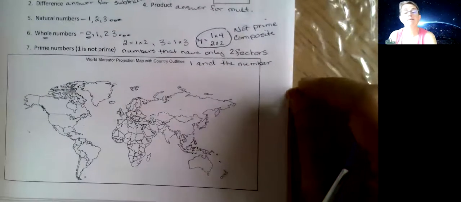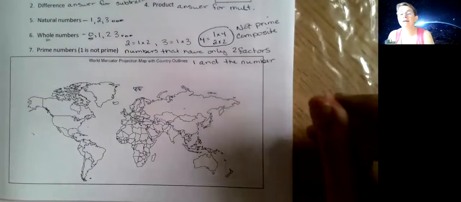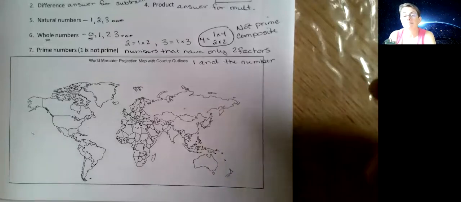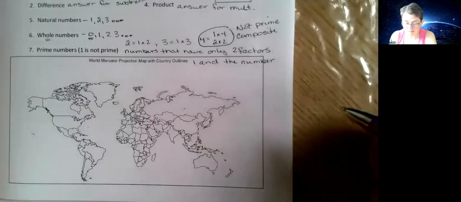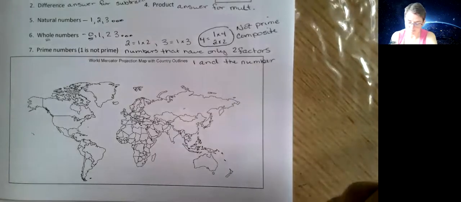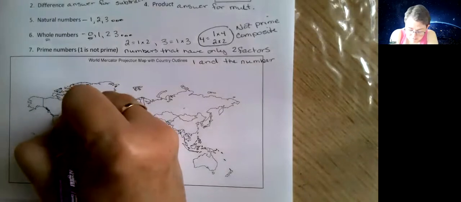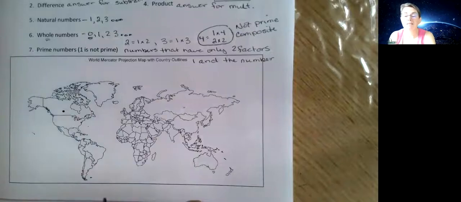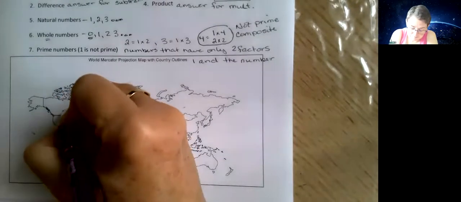So, confession time. I saw this thing on Pinterest and it appealed to me as a math geek. If you put your address somewhere on this map, I think that's a little off, but let's pretend that's Regina. Actually, let's pretend that's 265 Albert Street, because that's my home address.